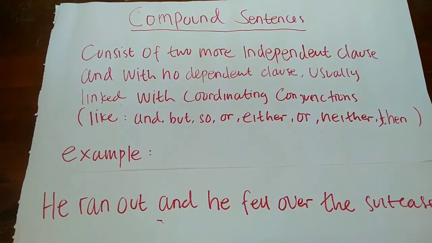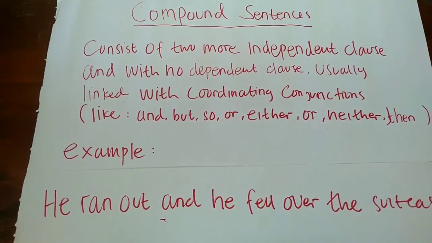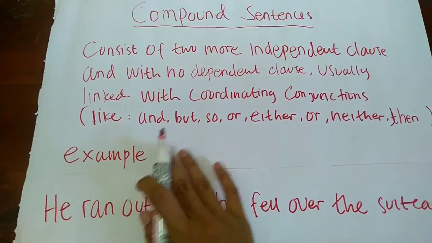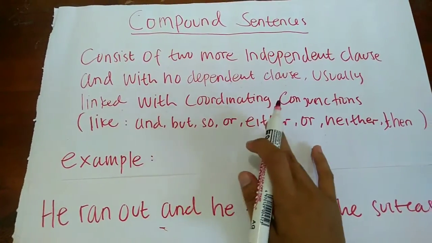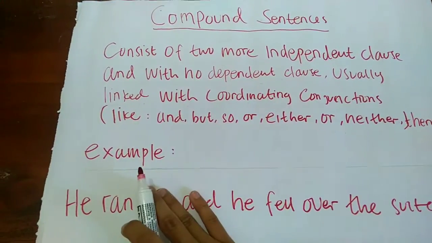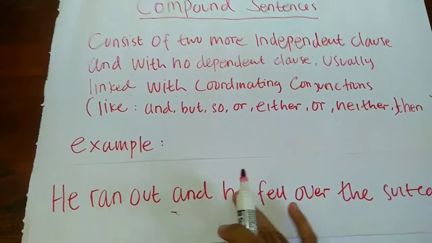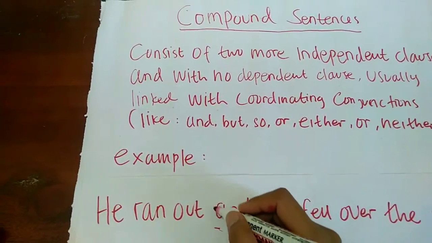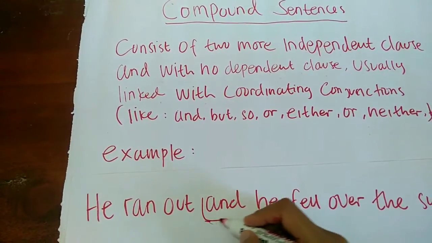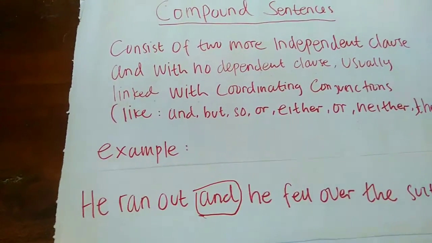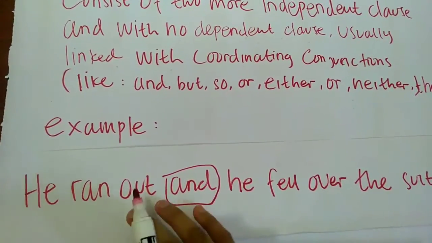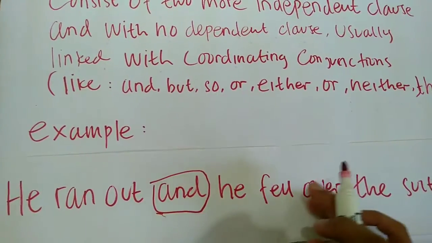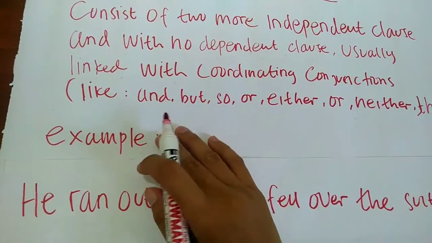A compound sentence consists of two or more independent clauses with no dependent clause, usually linked with a coordinating conjunction like and, but, so, or, either, or neither. The example is he ran out and he fell over the suitcase. There is a coordinating conjunction, and this sentence has two independent clauses, he ran out and he fell over, with no dependent clause.